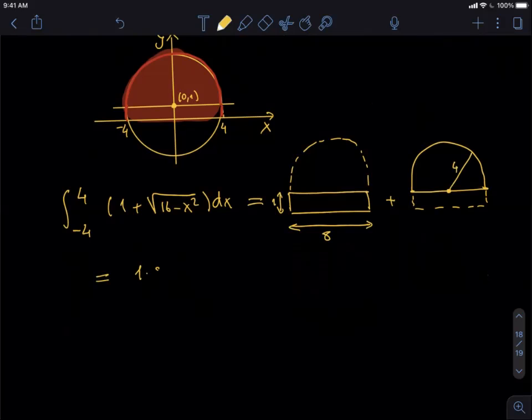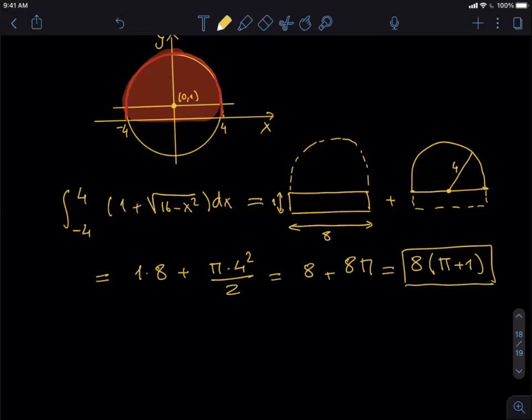It's 1 times 8 plus pi times r squared, and then I have to divide by 2 because it's half a circle. So this is 8 plus 16 pi divided by 2, so 8 pi. So 8 pi plus 1... and that is the final value of the area.